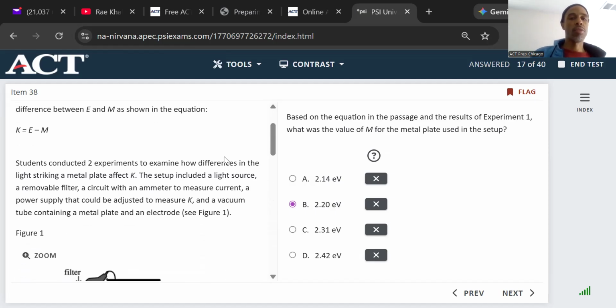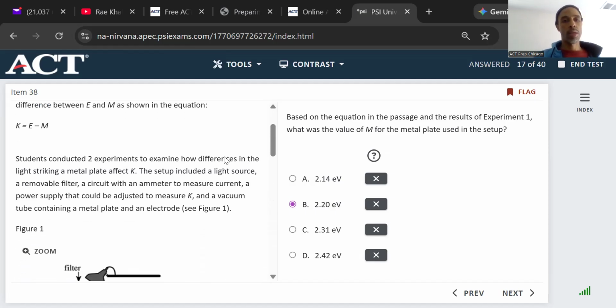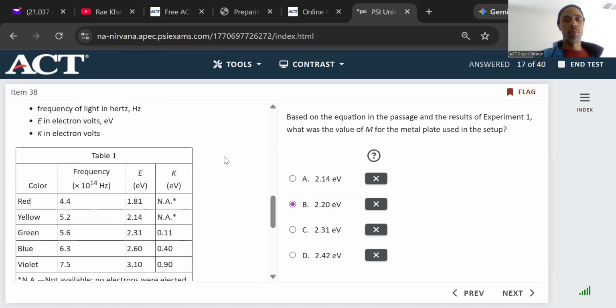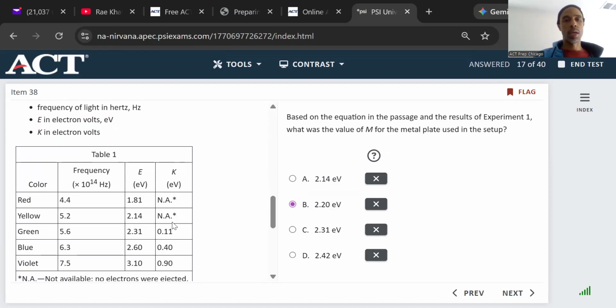That doesn't change because you're using the same metal plate, right? So if you do E minus K, you see all of these for E minus K is equal to 2.2. So 2.31 minus 0.11 is 2.2.